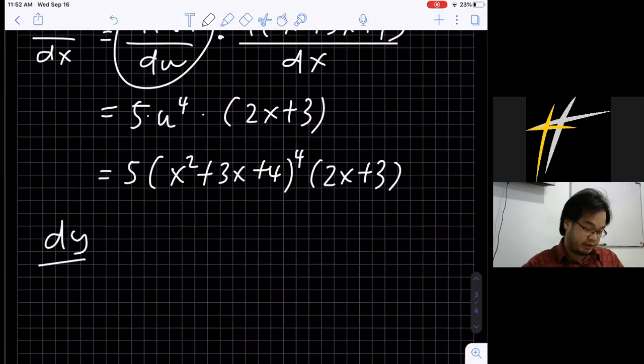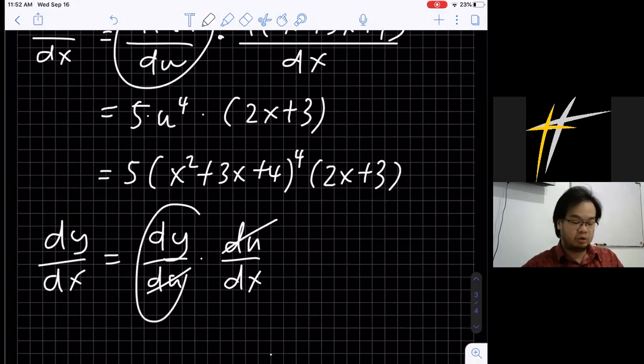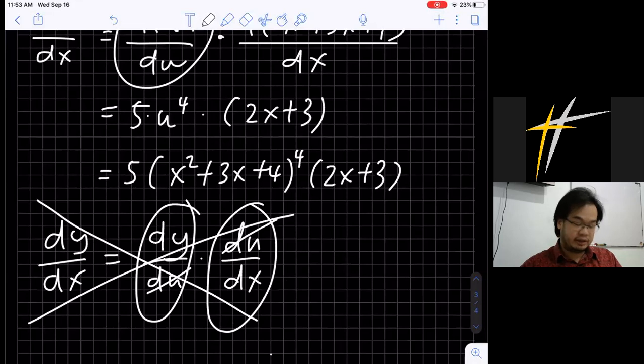When I write dy/dx equals dy/du times du/dx, remember, this is not a cancellation, because this is a whole operation. That's not a division. So you cannot do this. Even though it looks like a simplification, it's not a simplification.